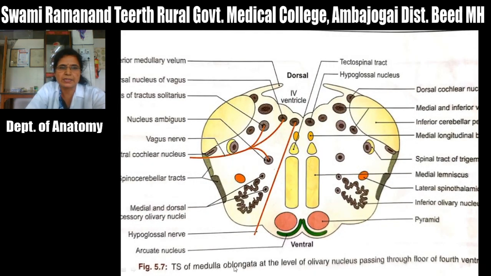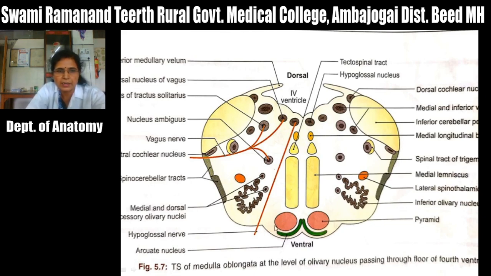Then we will see the transverse section of medulla oblongata at the level of the olivary nucleus, passing through the floor of the fourth ventricle. At this level, many new structures appear. So first we will see this median part. This median part is the same as in the previous section.